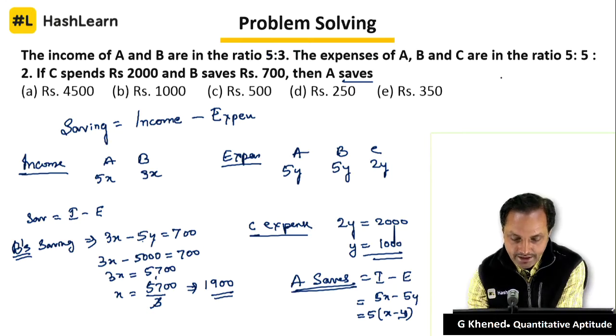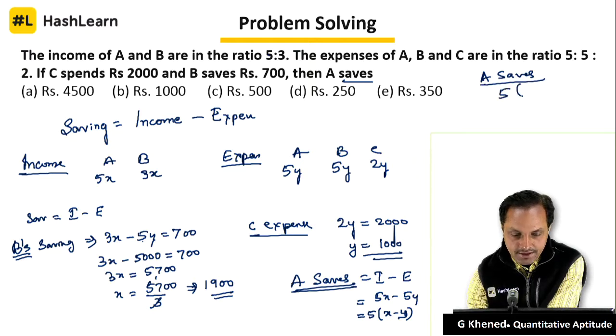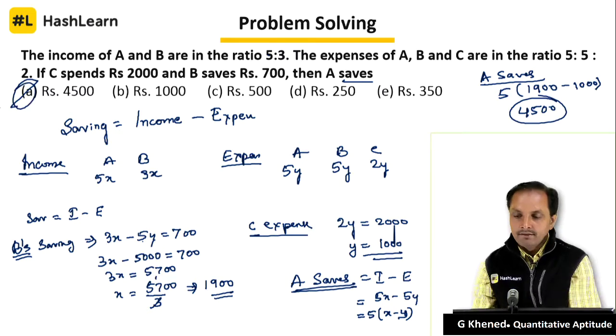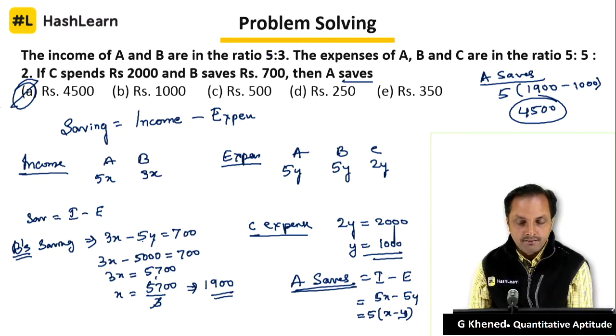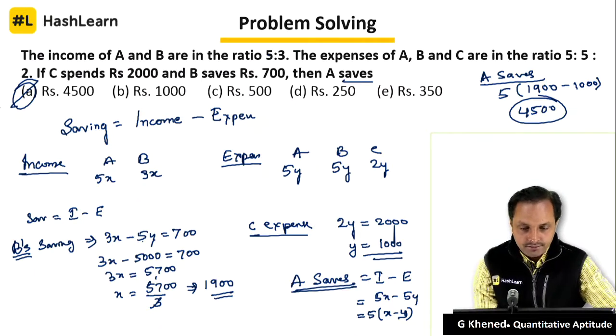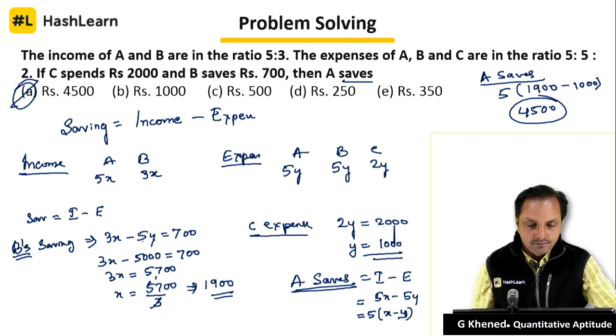Your A saves 5 into (x is 1900 minus y is 1000). 900 into 5 is 4500, which is the total amount A saves. Is that okay? Fine.